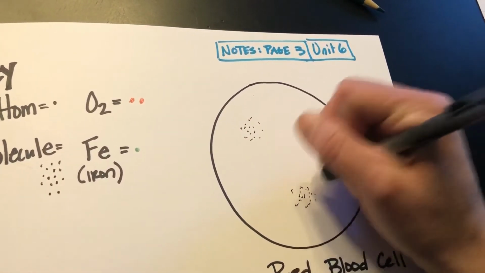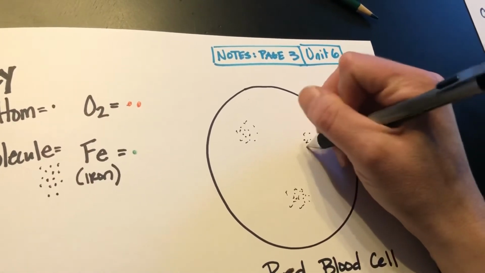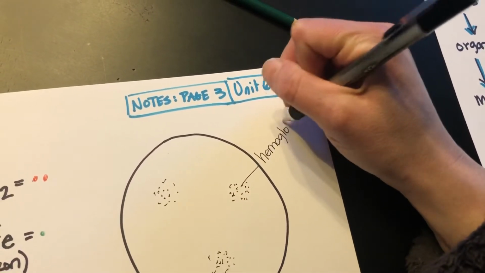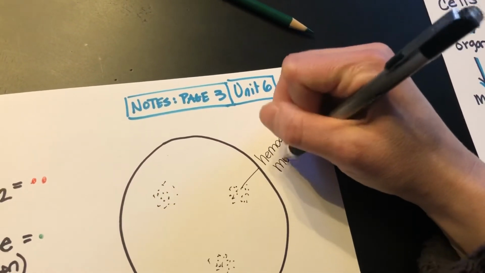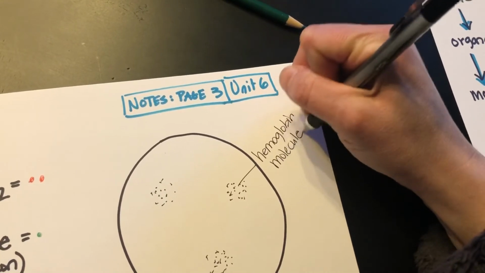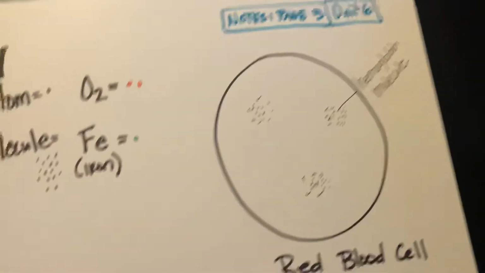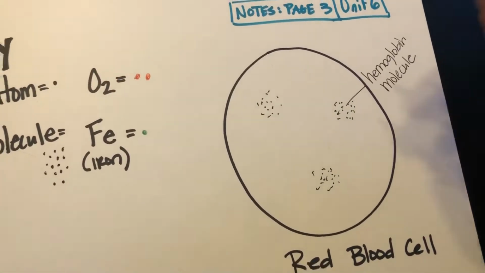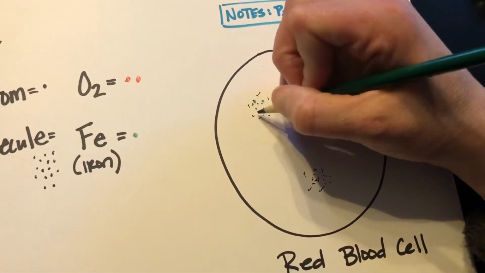Don't worry about it, just get the idea of how this works. And we're going to label it hemoglobin molecule. Okay. Inside each hemoglobin molecule, there's actually 4 hemes, and each heme has 1 iron atom.